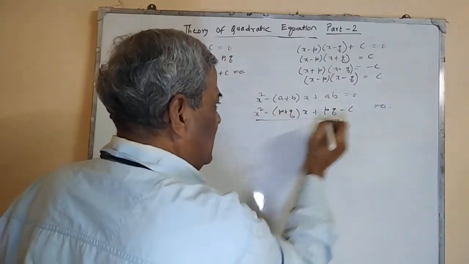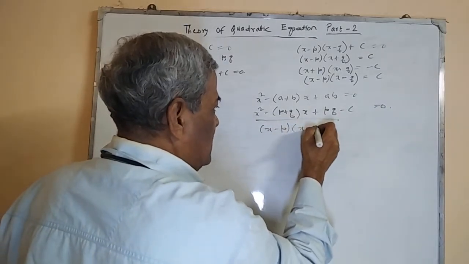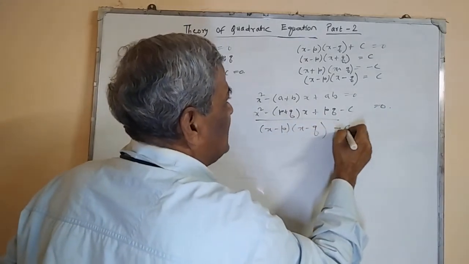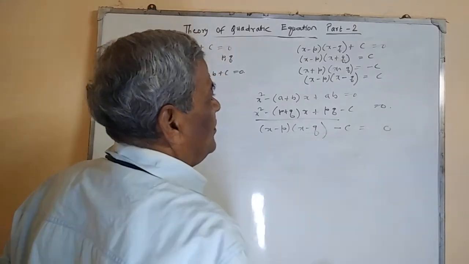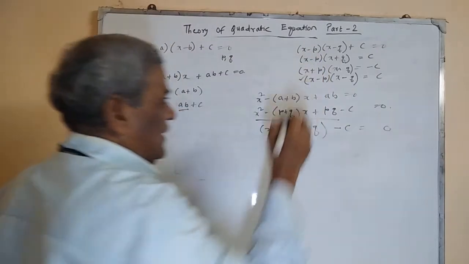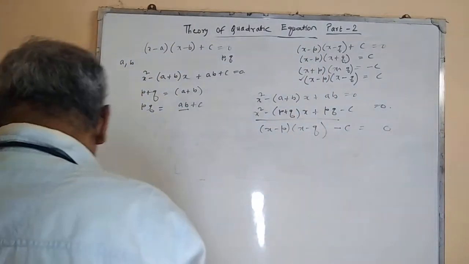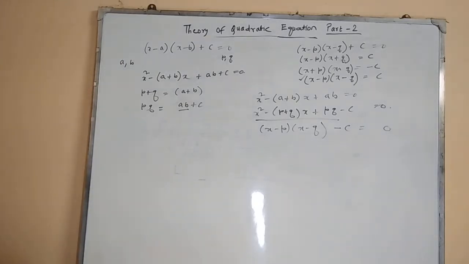Together that is x minus p into x minus q minus c is equal to 0. So this option is correct. The next problem.